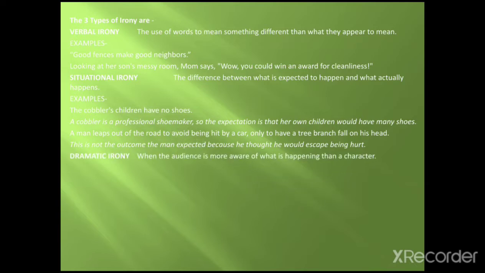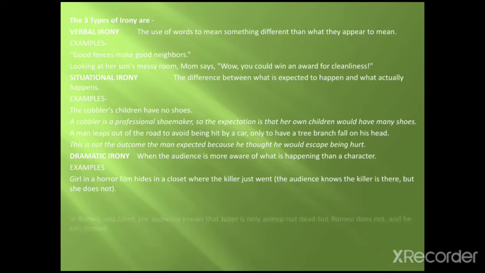Dramatic irony, when the audience is more aware of what is happening than the character. Examples: girl in a horror film hides in a closet where the killer just went. The audience knows the killer is there, but she does not.